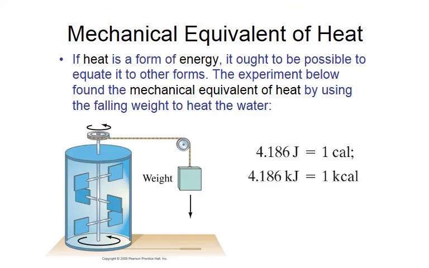And this was really important because what James Joule found was that 1 calorie is equal to this many joules, and so he was able to take a look at the transfer of that mechanical energy into thermal energy, and this is the equivalent. So this is what we'll predominantly use here, the joule as a unit of heat, how much thermal energy transfers from one object to another.